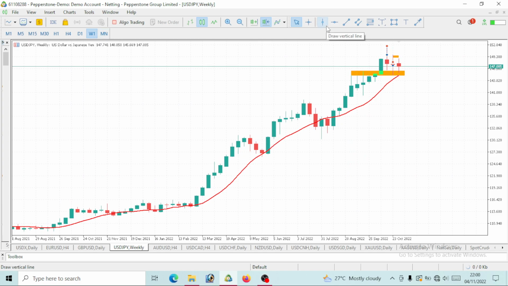Now let's go to the weekly time frame. We can see higher highs here, higher lows, higher highs that broke these previous highs, right? We see these higher lows take out this level on USDJPY. Now you see these highs.